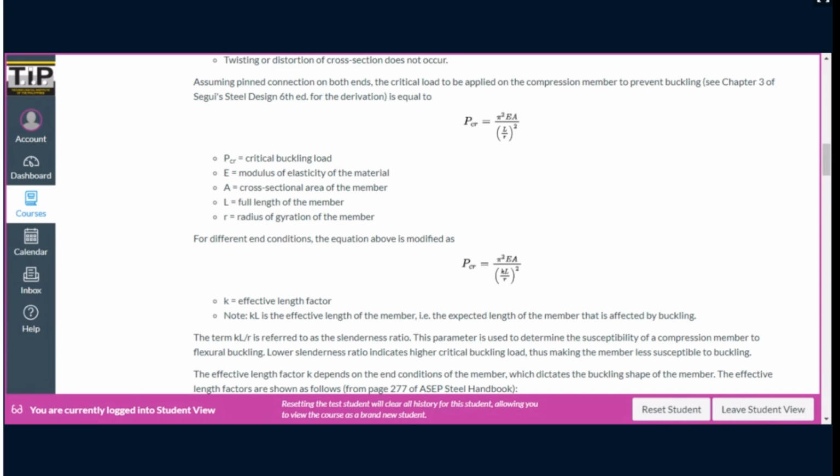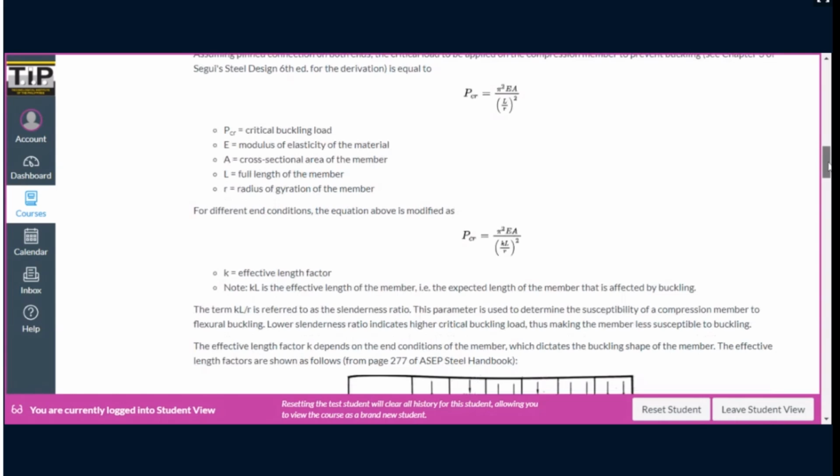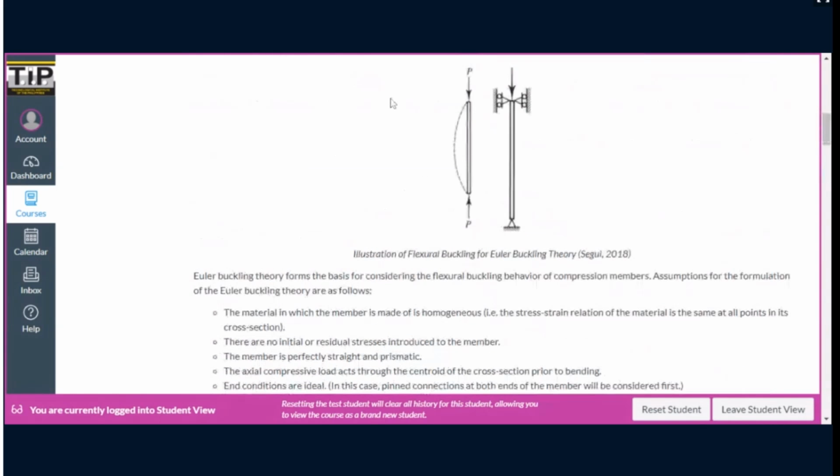Assuming pin connections on both ends, for the critical load to be applied, a differential equation may be derived from here. That differential equation is actually similar to the one for bending of a beam; it came mostly from there.